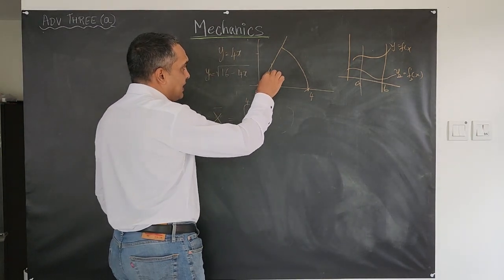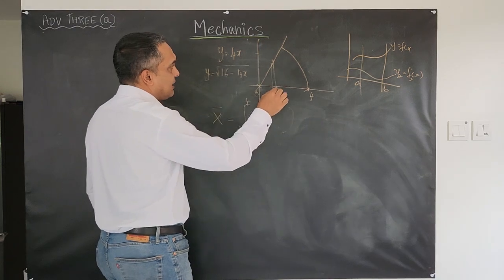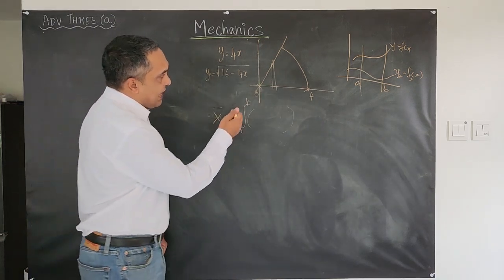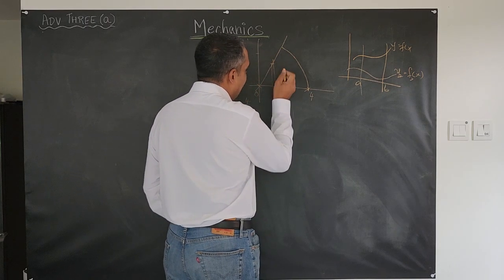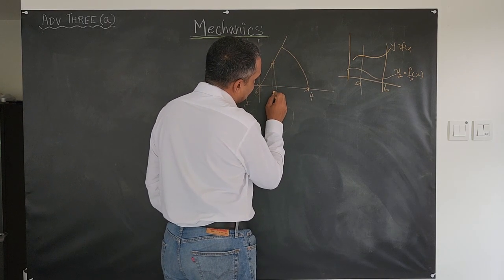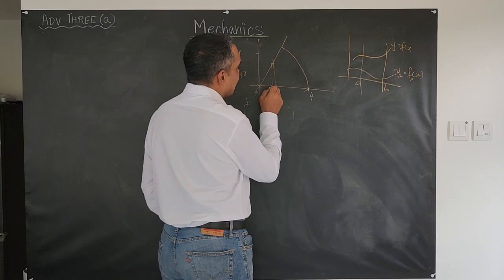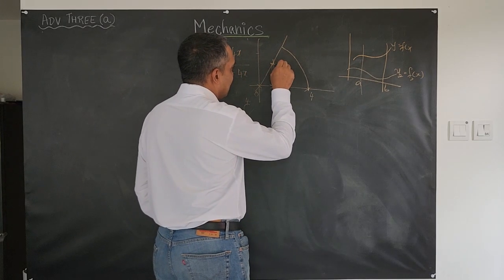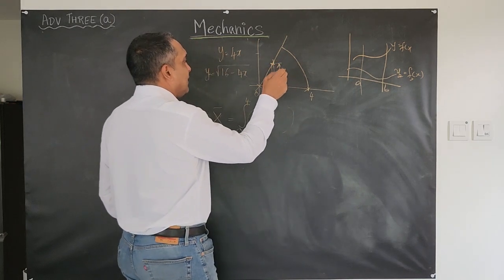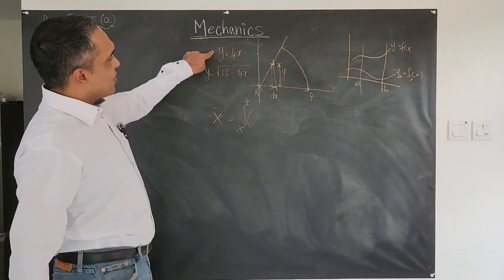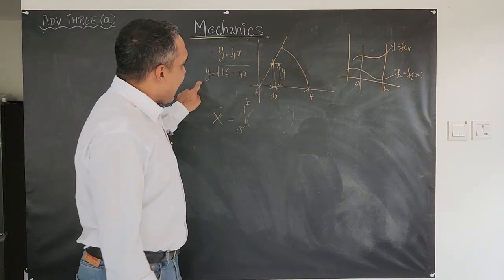Because an infinitesimal rectangle is great, but its thickness is dx, that doesn't change, but its y value here was that function, and when it comes here, it's that function.